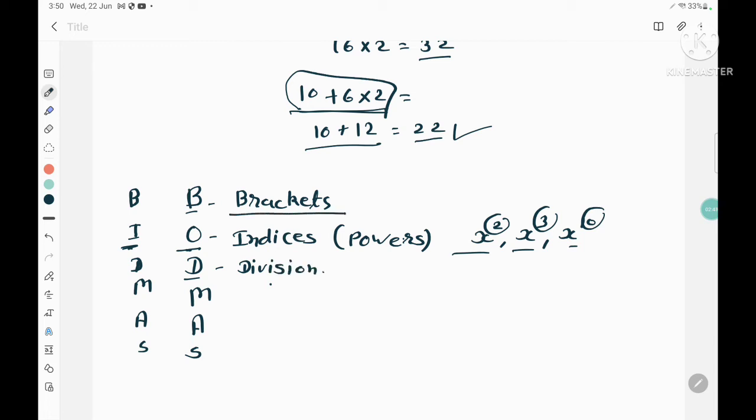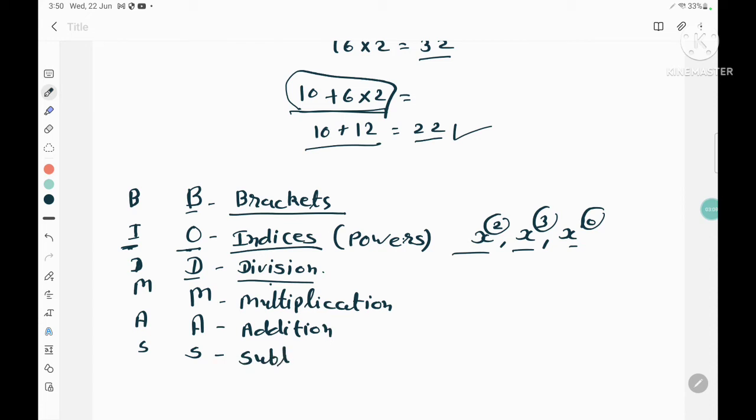So first we solve the brackets if there are any, then indices, then division. After division, we solve multiplication, then after multiplication we solve addition, and last, subtraction.